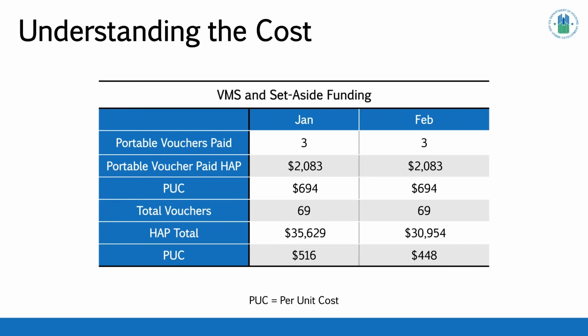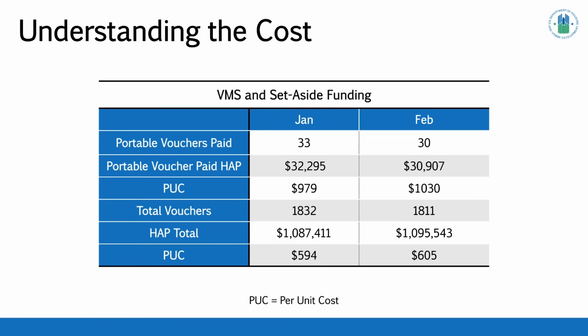And looking at the VMS data for this specific PHA, they had 3 ports that they're being administered for, in which the per unit cost for those 3 ports is significantly higher than their per unit cost for their voucher program, meaning the subsidy tied to a port is higher than the families that are currently residing within the jurisdiction. And this is something I see all the time where portability costs are significantly higher on the HAP side in comparison to a specific jurisdiction.